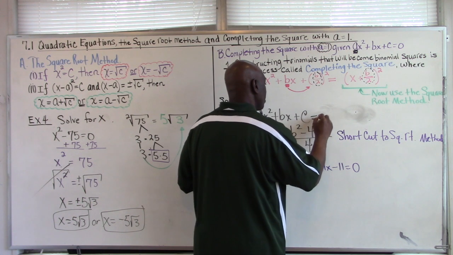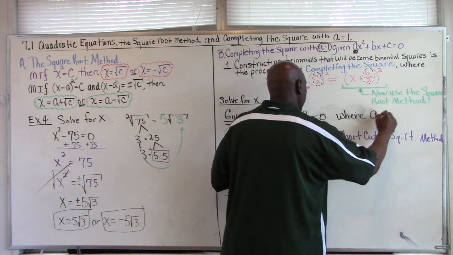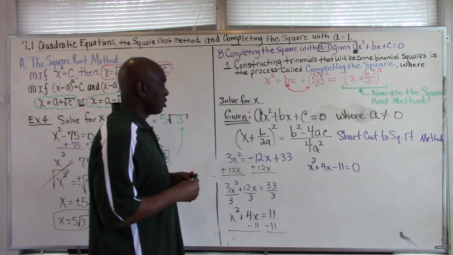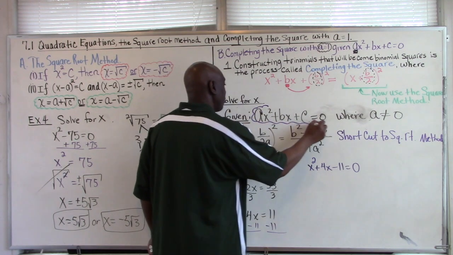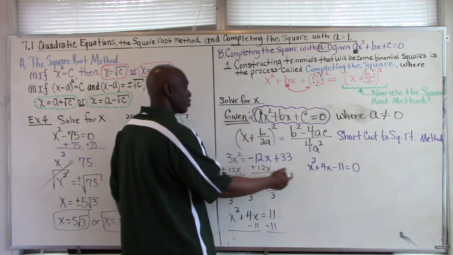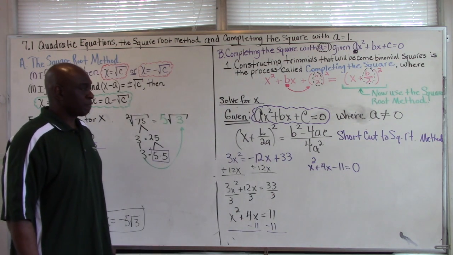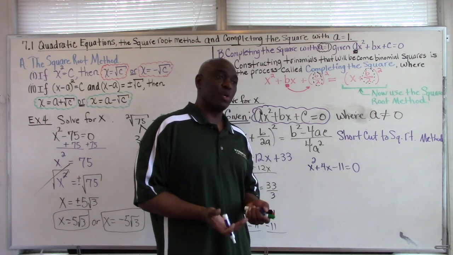Equals 0, where a cannot equal 0. Yeah. There you go. Make the whole equation equal 0. Write it in standard form, where the whole thing equals 0. That's what I have right here. Okay? Equals 0. That'll set you up in a position.